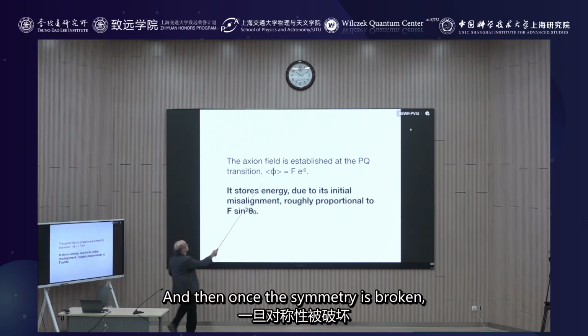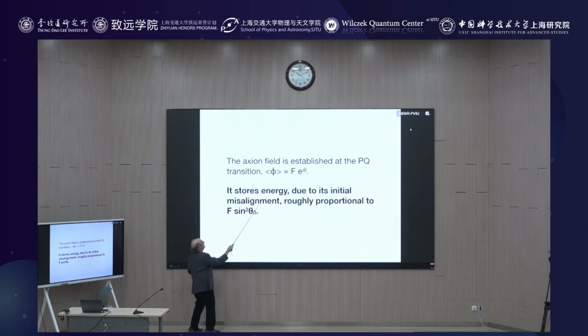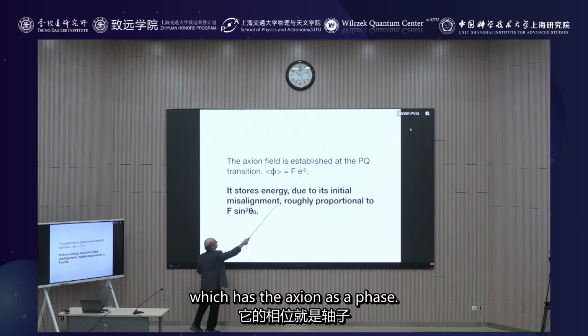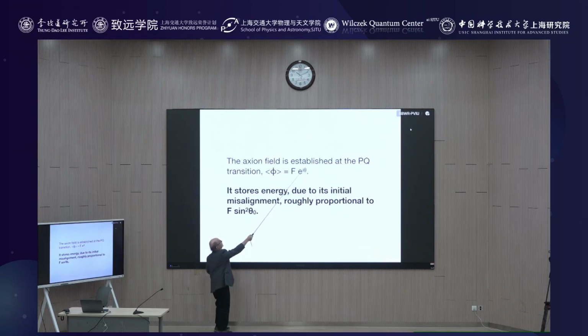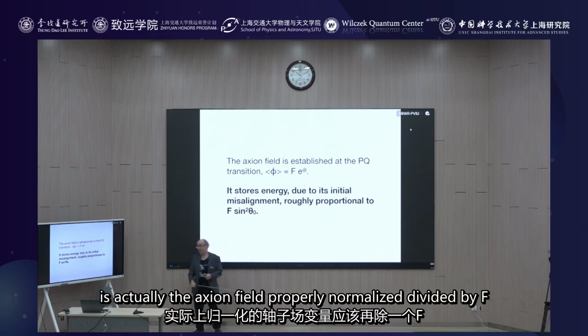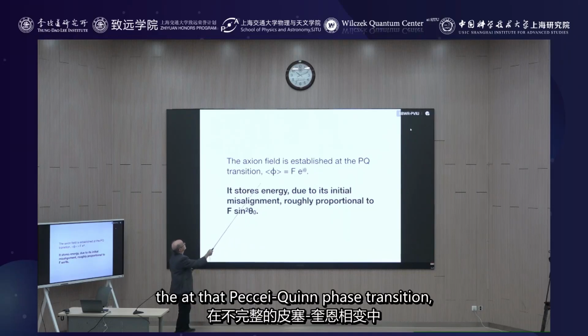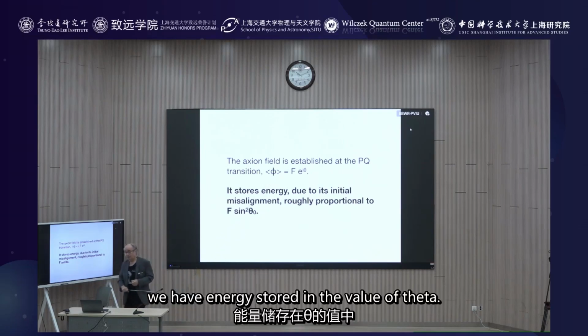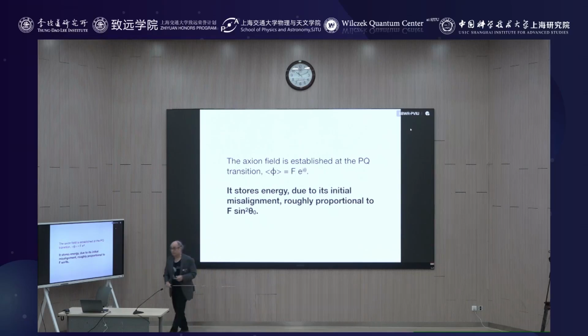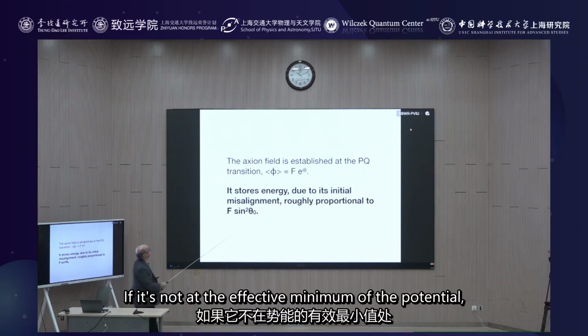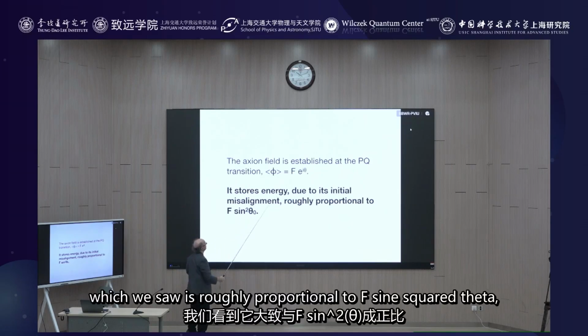And then once the symmetry is broken, our complex scalar field, which has the axion as a phase, remember theta is actually the axion field properly normalized divided by F. At that Peccei-Quinn phase transition, we have energy stored in the value of theta if it's not at the effective minimum of the potential, which we saw is roughly proportional to F sine squared theta.